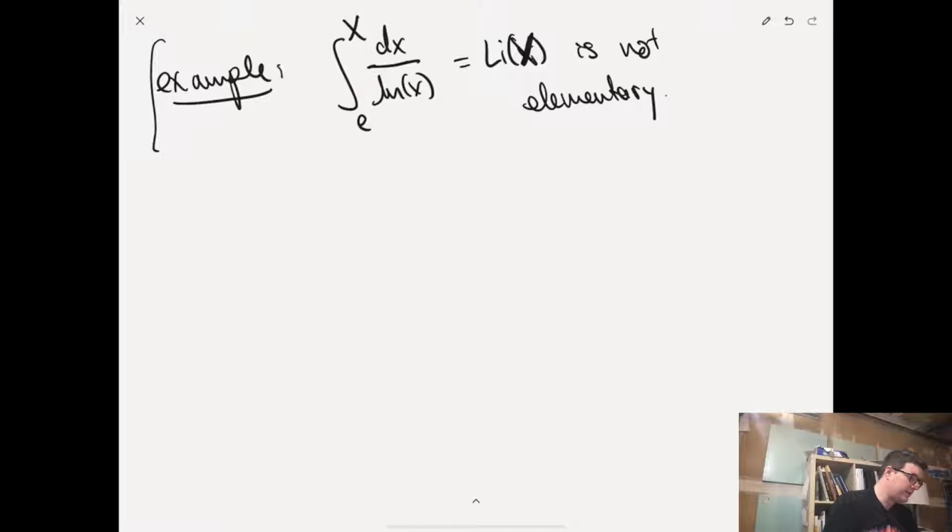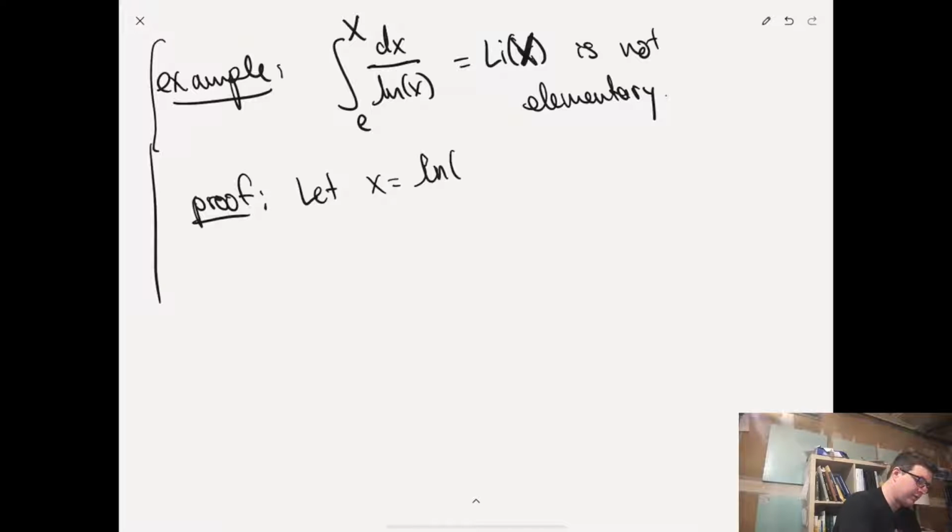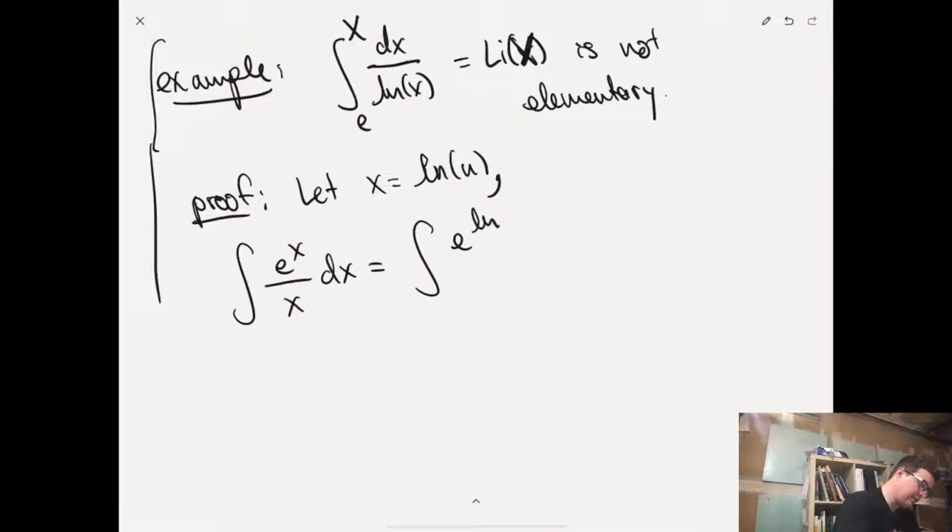So let's do the proof. Let x equal log of u. Then we'll use this integral of e to the x over x dx. So this is the integral of e to the log of u over log of u.